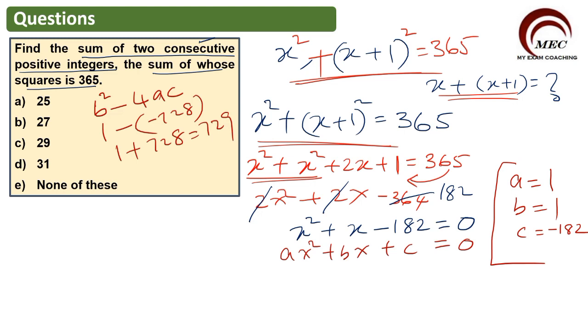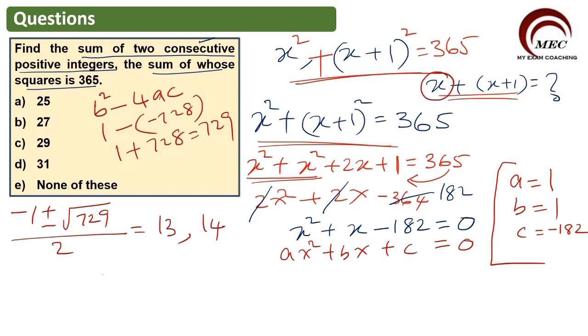So now using the quadratic formula, minus b plus minus root b square minus 4ac divided by 2a, we will get the values 13 or 14. So we got the value of x is equal to 13, and the value of x plus 1 is equal to 14.